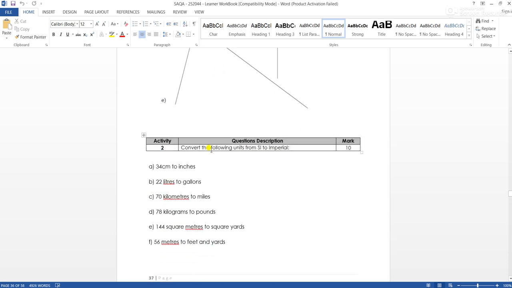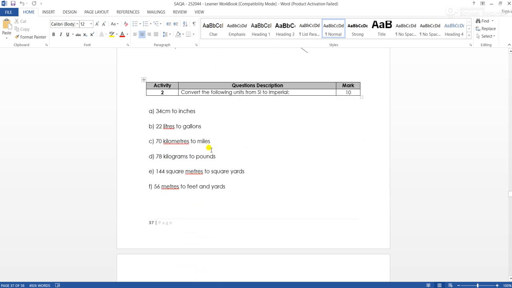Also in activity 2, you need to convert the following units from standard international to imperial.